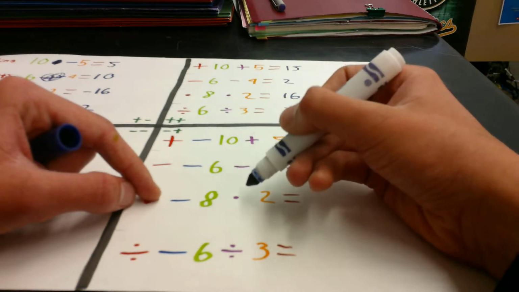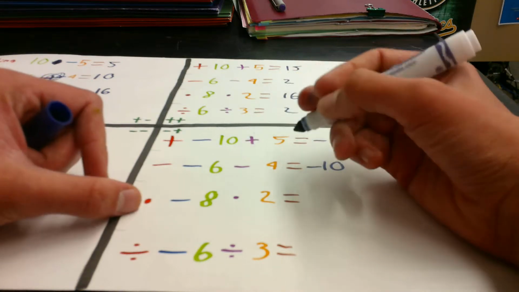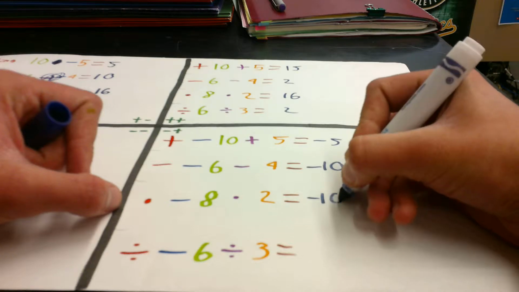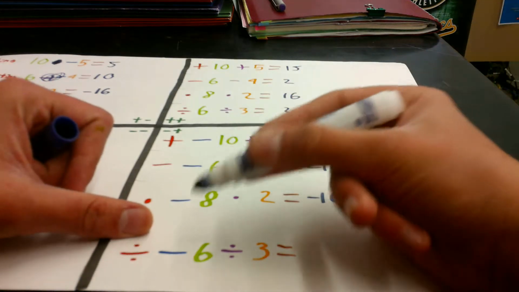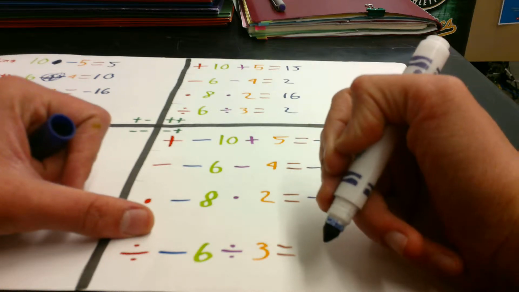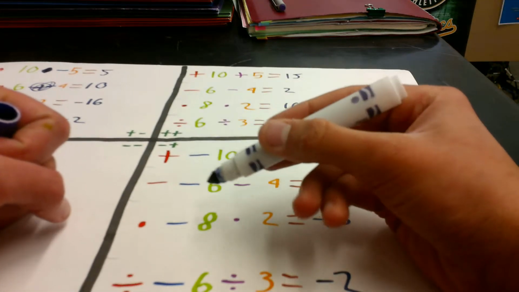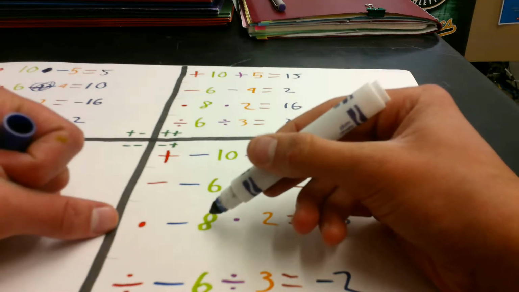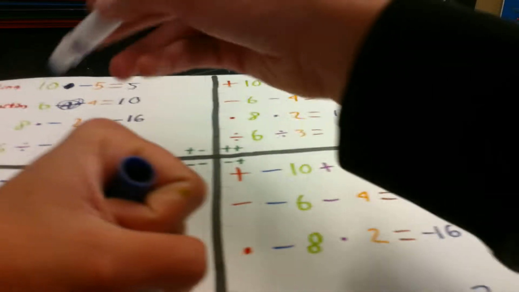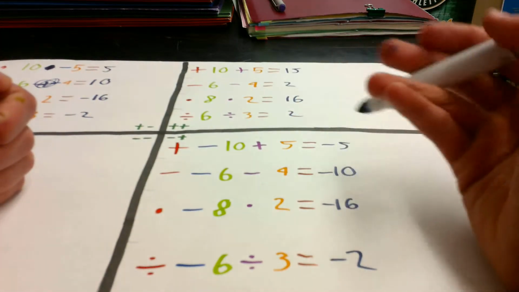Negative 8 times 2. That is negative 16. Negative 6 divided by 3, negative 2. Like I said, for the multiplying and dividing, a negative times a positive, or up over here, a positive times a negative, equals a negative.